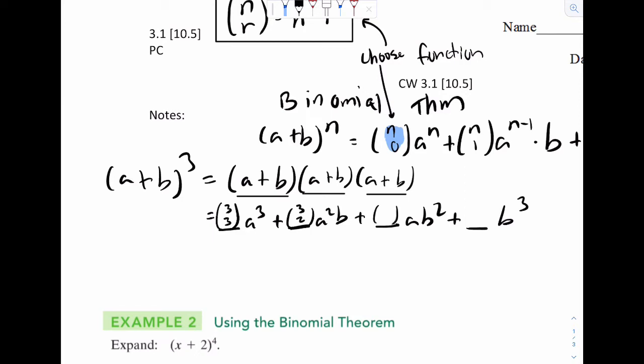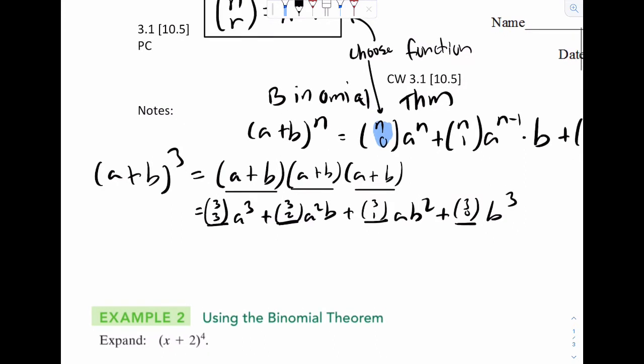The next one, there are 3 baskets, I only want 1 A, 3 choose 1. For the last one, there are no A's, so 3 choose 0. Now you plug in your calculator and you're going to get 1, 3, 3, 1, which means the answer is 1A cubed plus 3A squared B plus 3AB squared plus 1B cubed.